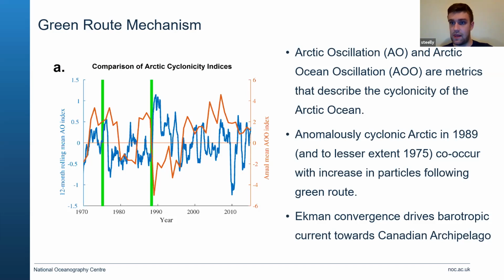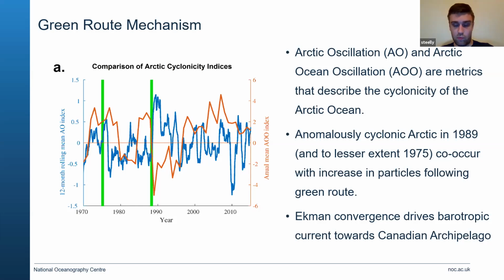It's based on a two-layer idealized model that describes the ocean's response to the atmospheric forcing, whether it's more cyclonic or more anticyclonic. In short, in this figure, we can see cyclonicity is when the blue line is positive, and anticyclonicity when it's negative, and mirror image for the orange. When the orange is negative, that's abnormally cyclonic.